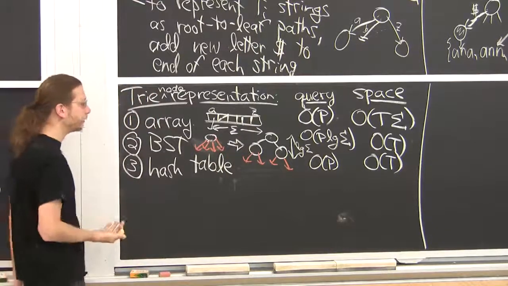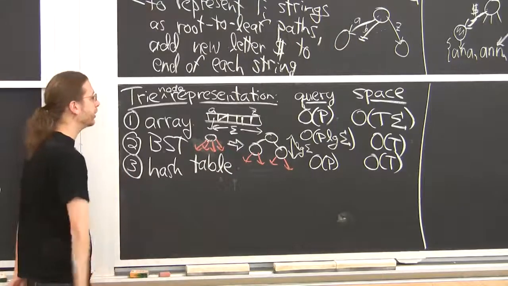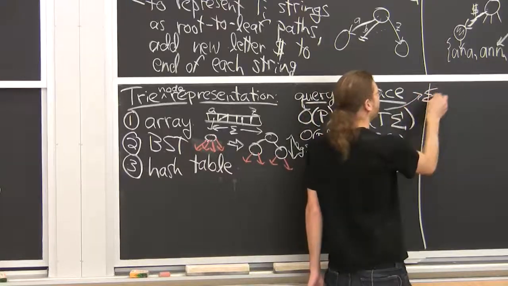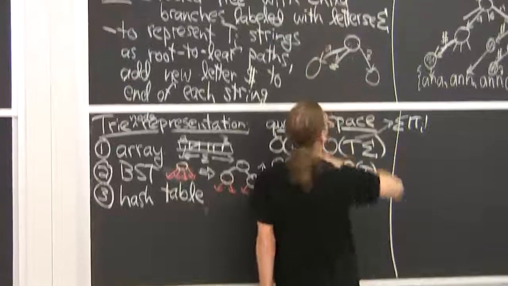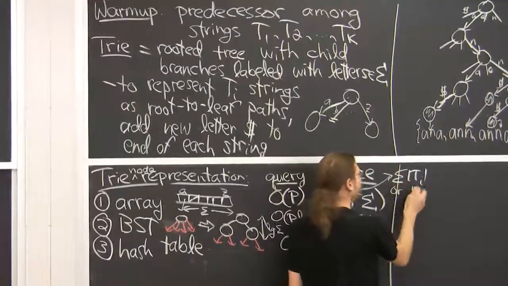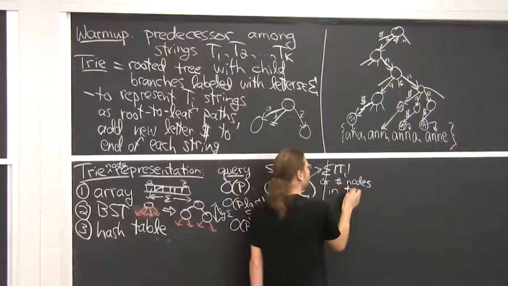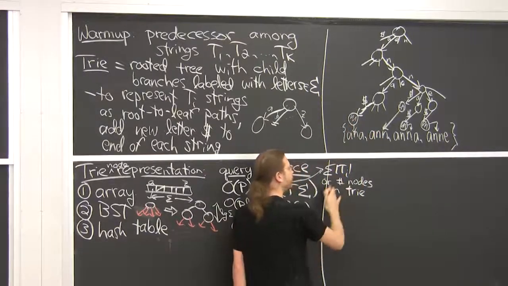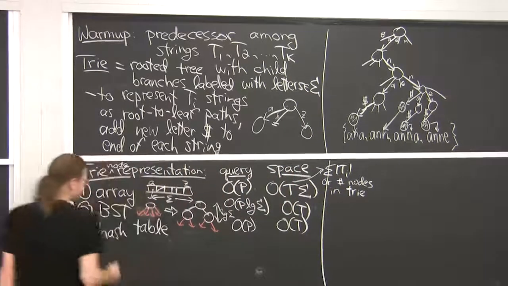That way you can use linear space per node, however many occupied children there are. What is T here, by the way? T is the sum of the lengths of the t_i's, because here we're storing multiple t_i's. Or it's the number of nodes in the tree, which if your strings happen to have a lot of common prefixes, the number of nodes in the trie could be smaller than that, but not in general.